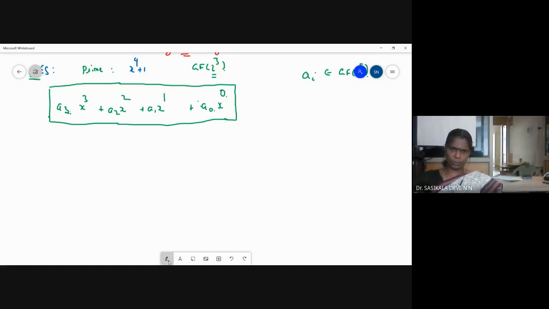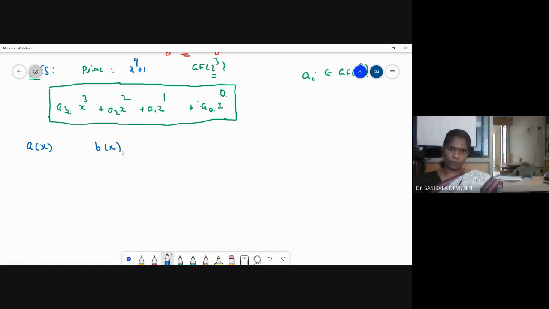Let's take two polynomials, A of x and B of x, where the coefficients are GF of 2 power 8 elements. Repeating again, A of x and B of x are polynomials of degree 3, and their coefficients are over GF of 2 power 8.